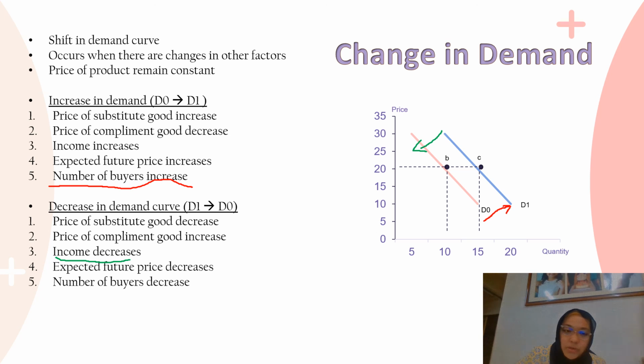Why does your demand decrease when income decreases? That means people with lower income will find it harder to purchase your product when your product is at a certain price. For example, people's income is usually 1,500 basic.